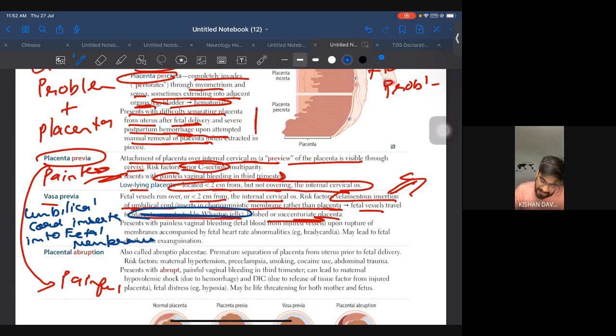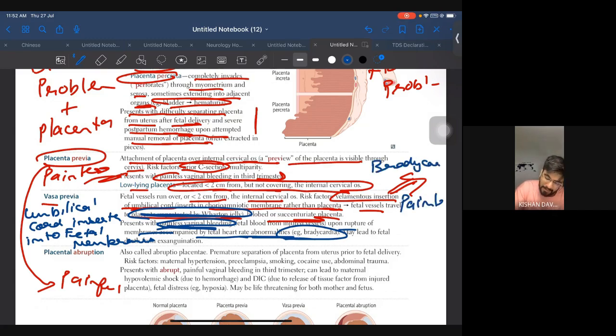Okay, presents with painless, this will also be painless. And upon rupture of membranes accompanied by fetal heart rate abnormality, there will be bradycardia. Okay, may lead to fetal death. So bradycardia is also there in fetus, painless, and one line they will be giving you is that here the placenta won't be on the internal cervical os. It will be 2 centimeters low lying. And even this is confusing because placenta previa may be low lying.